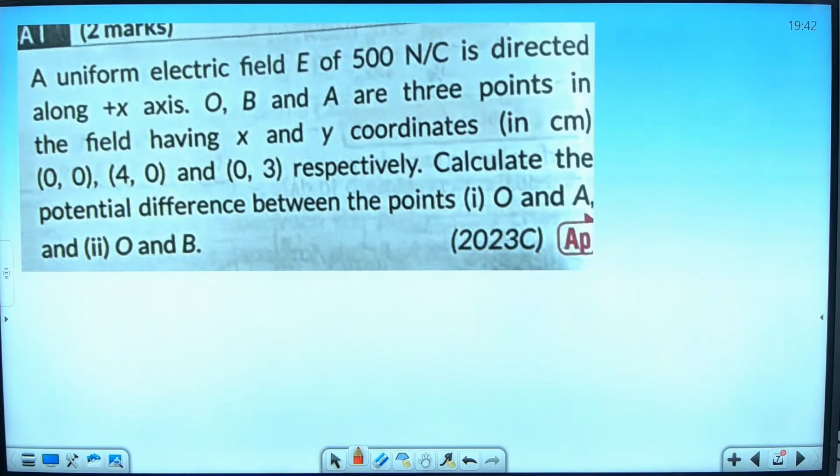O, B and A are 3 points in the field having x and y coordinates (0, 0), (4, 0) and (3, 0, 3). Calculate potential difference between O and A and potential difference between O and B. Give a try.